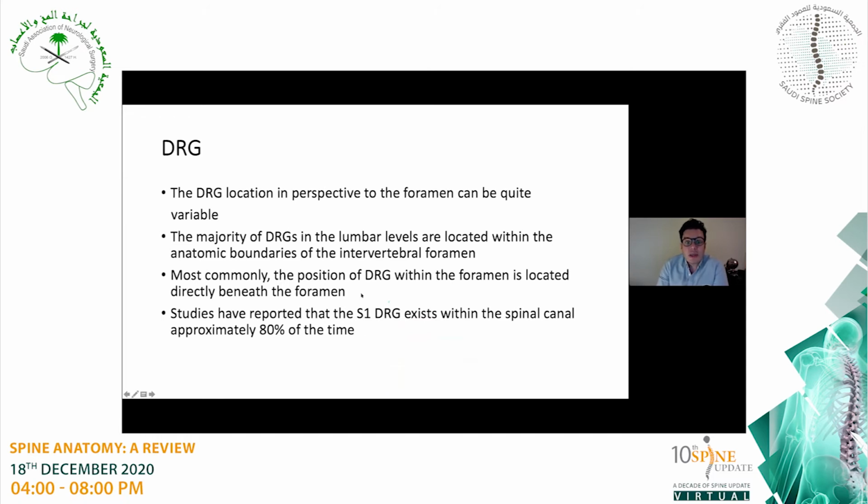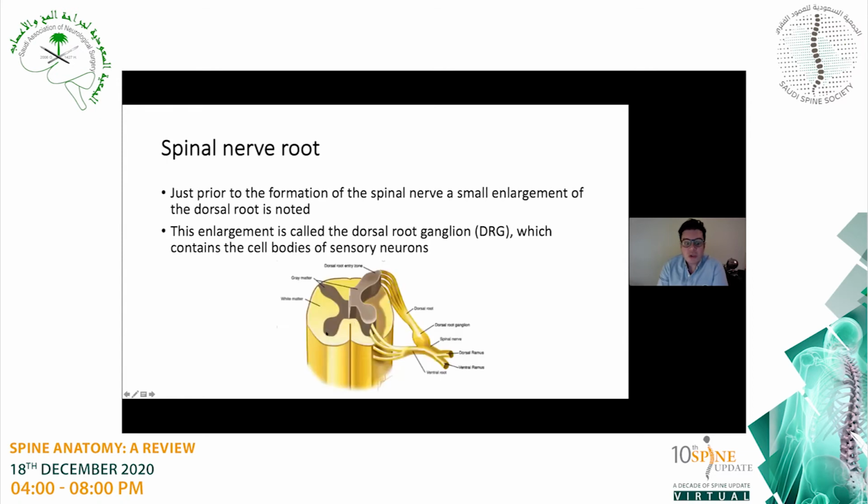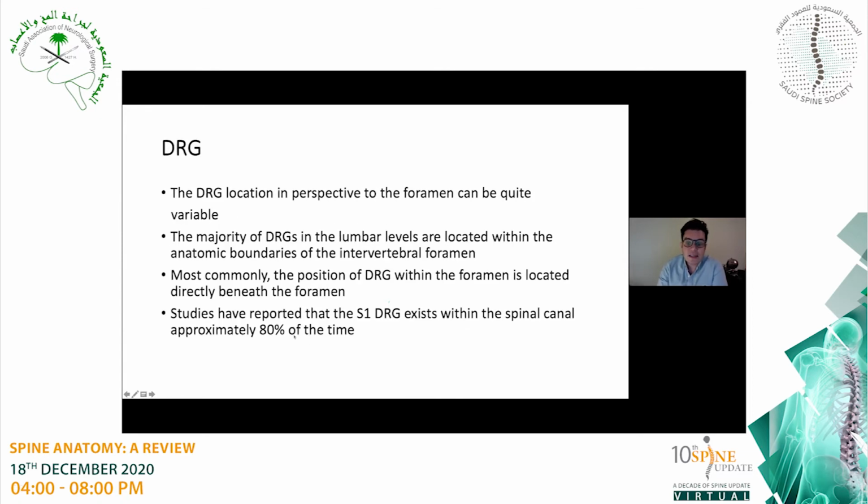The DRG location in relation to the foramen can be quite variable. Mostly they are located in the foramen, but it is variable. At upper lumbar levels, they're located more toward the external portion of the foramen, and they come inside the canal slowly as we go down, until the DRG of S1, which resides inside the spinal canal 80% of the time.